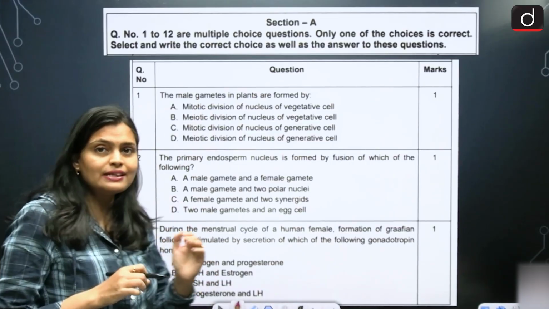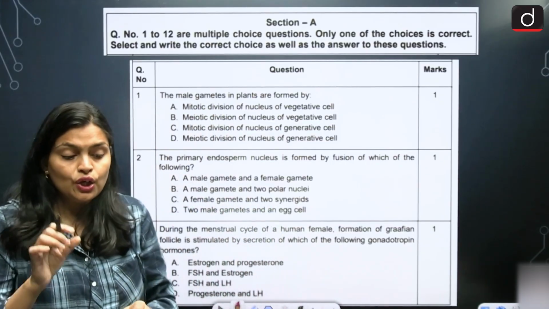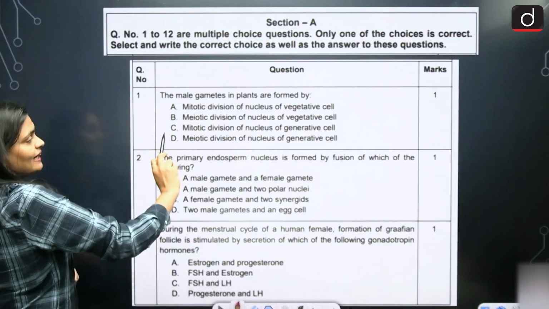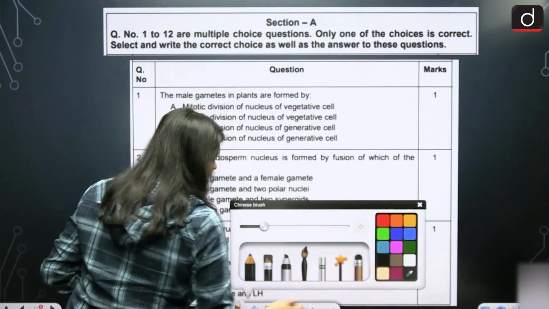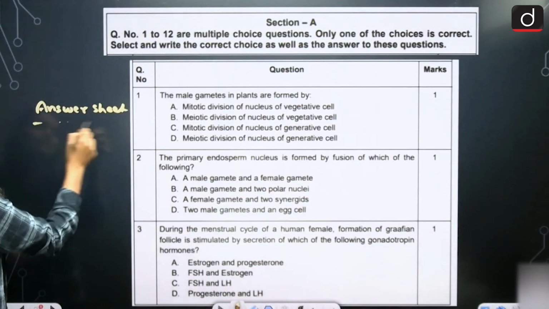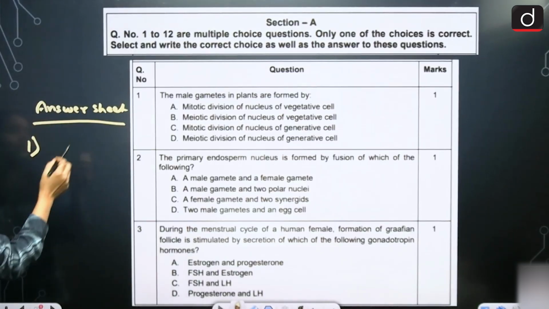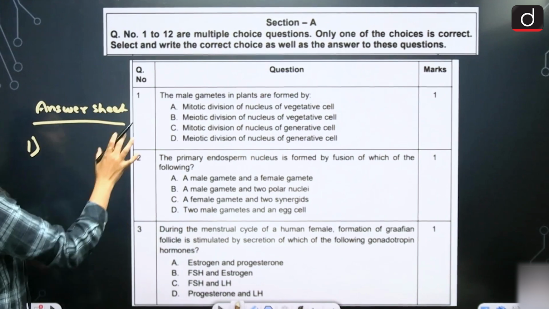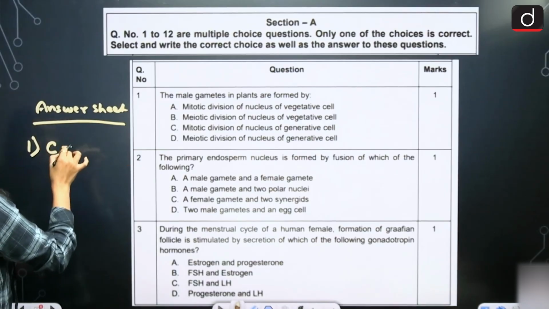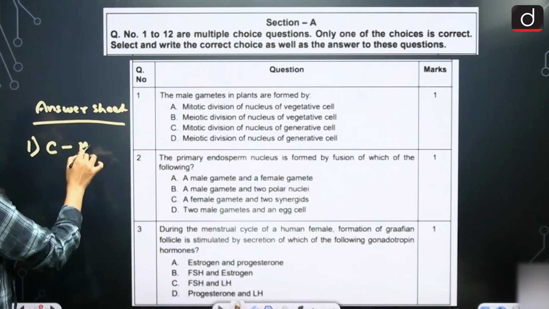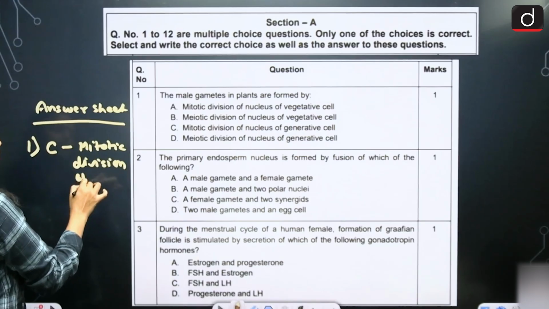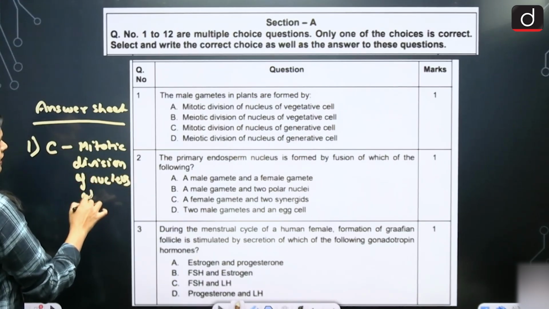Now in the board exam, how do you have to write down the answer? Suppose this is the first question, you read the question, you know the correct answer, then in your answer sheet, question number 1, answer number 1, whatever will be the option, suppose for this question option C is the correct one, so write down the option plus whatever is given in the option, like mitotic division of nucleus of generative cell.